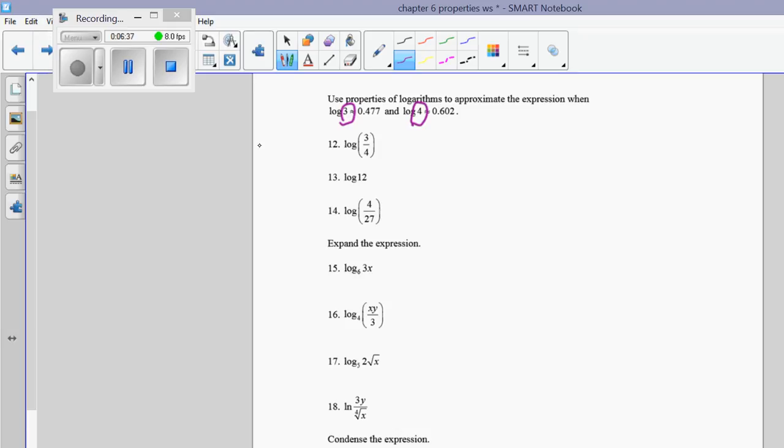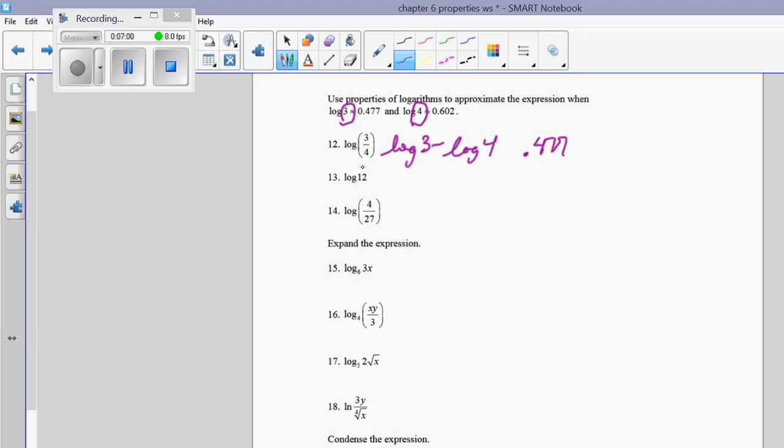So look here at number 12. It says it's the log of 3 divided by 4. And you're like, whoa, division. What really is division? Well, division is really subtraction. So this is really the log of 3 minus the log of 4. And the log of 3 is 0.477.